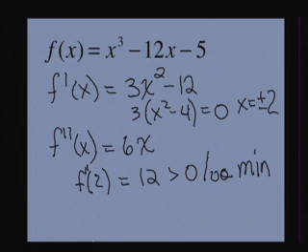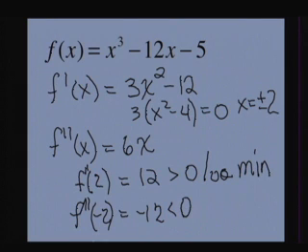Now I take f double prime of negative 2, and that's going to give me negative 12, which of course is less than 0, and that tells me that here I have a local maximum point.